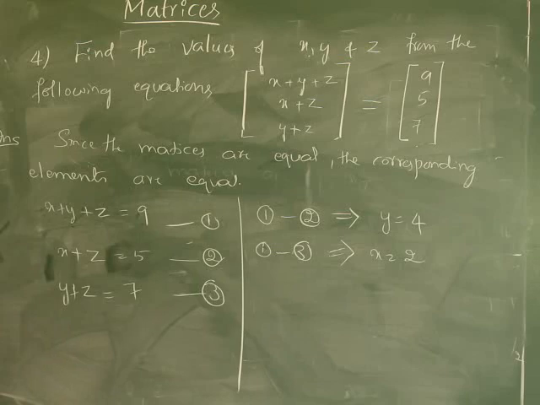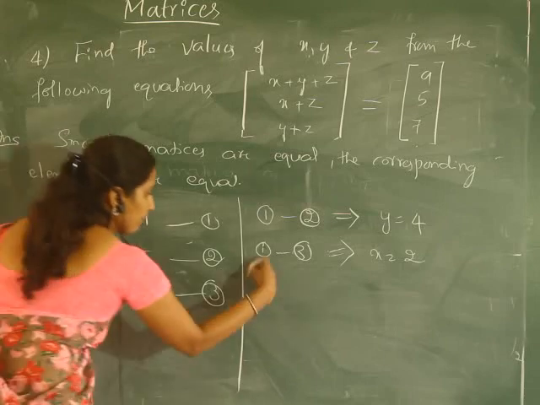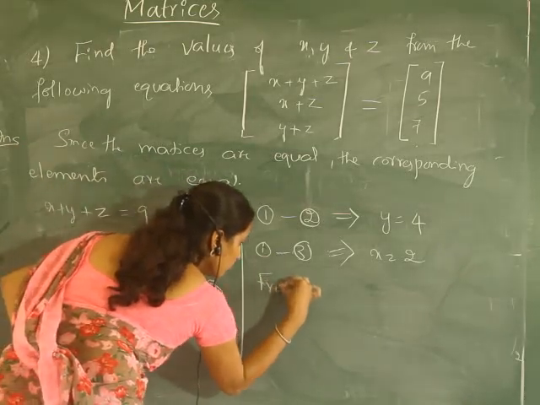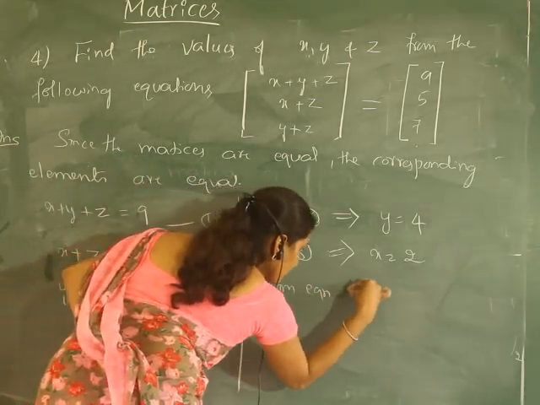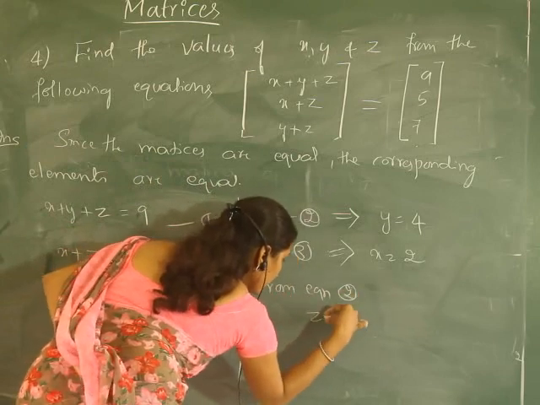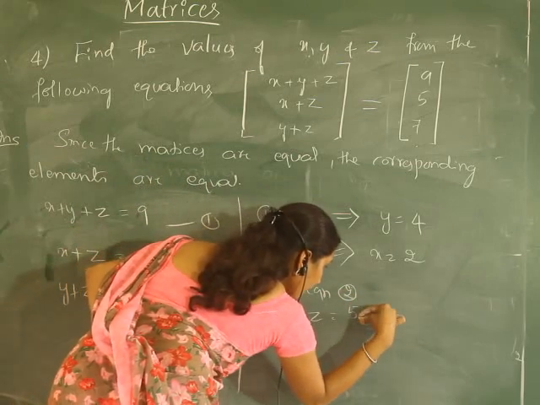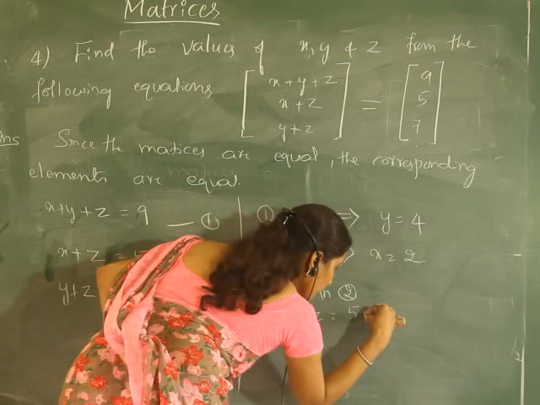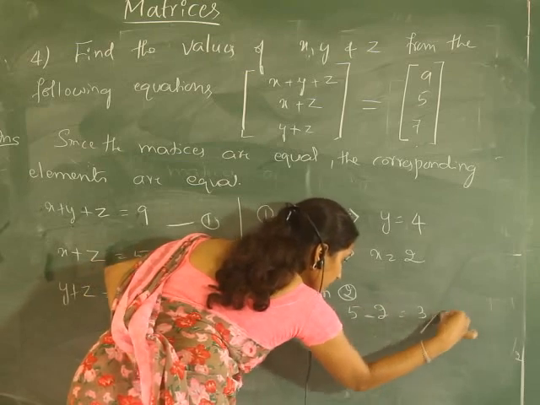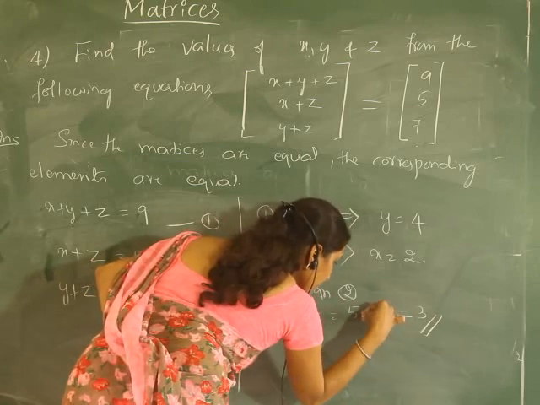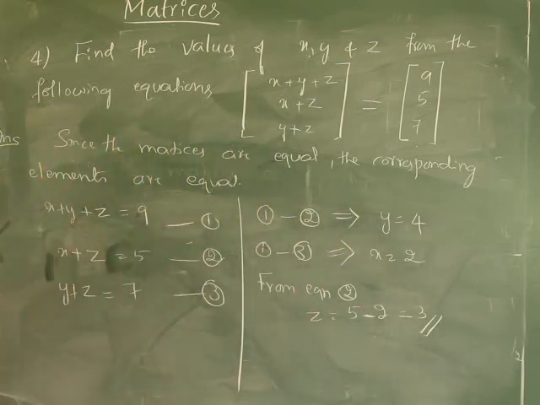X is equal to 2. By knowing the value of x and y, from equation 2, if x is 2, then z is equal to 5 minus 2, so that will be 3.